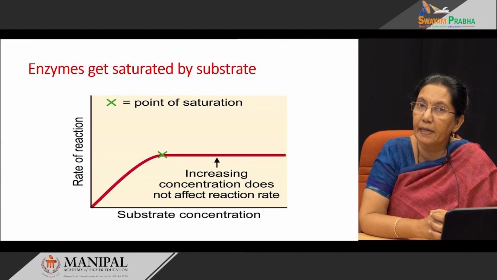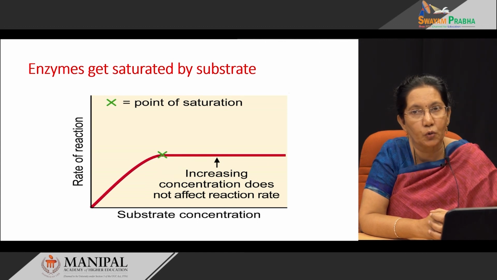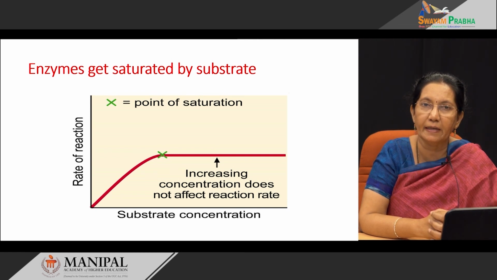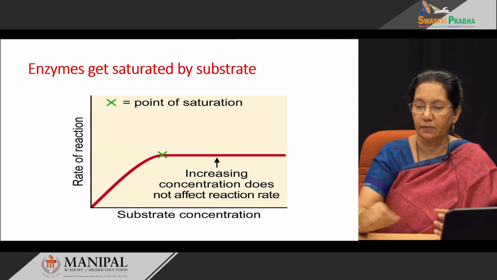When all the active sites of all the enzyme molecules are bound to substrate, then the reaction cannot proceed any faster. Once again, it is the active site which determines the property of the enzyme, that is, enzymes get saturated by substrate concentration.